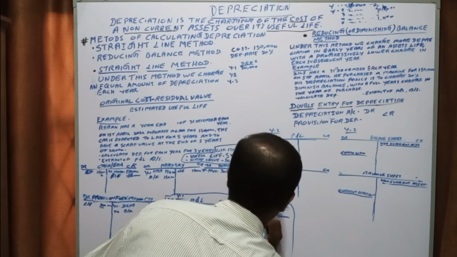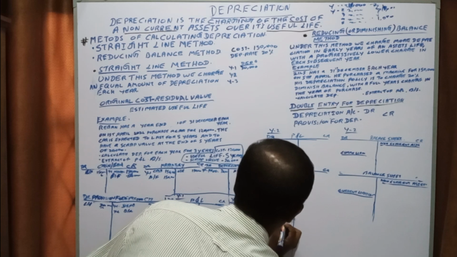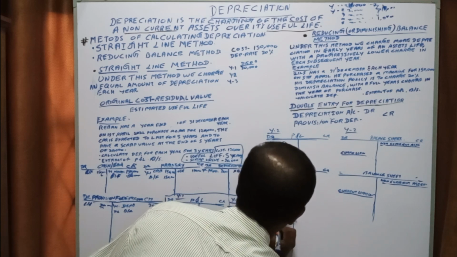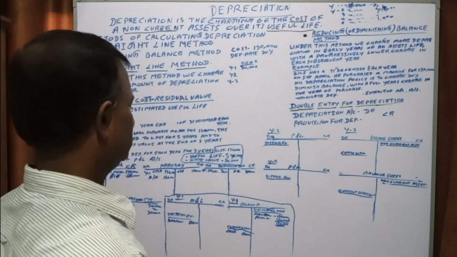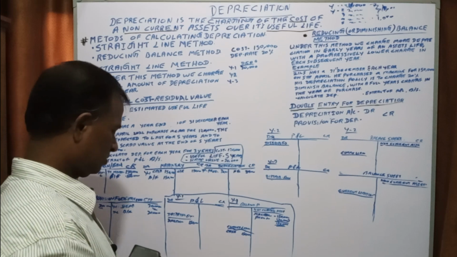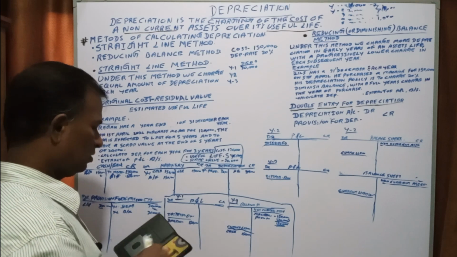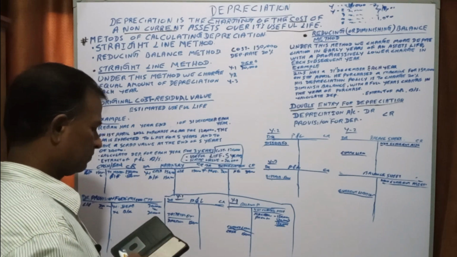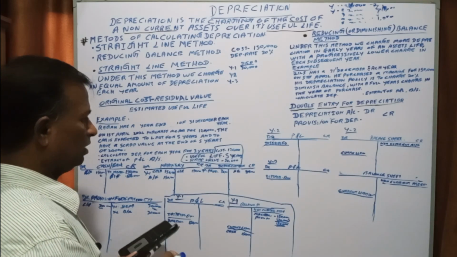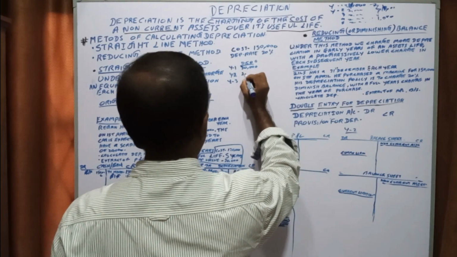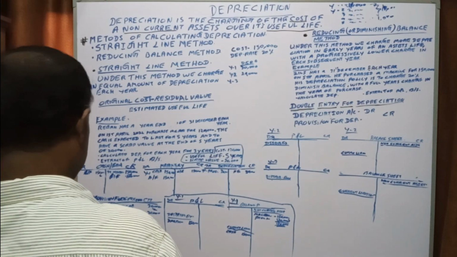Provision for depreciation 30,000. 120,000 as per balance sheet, the balance is 120,000. Then year 2, we are calculating 20% on the 120,000 balance. Then 24,000. Right? Depreciation is 24,000.